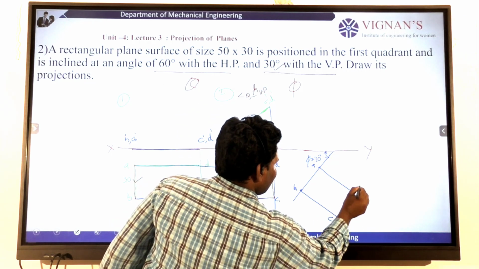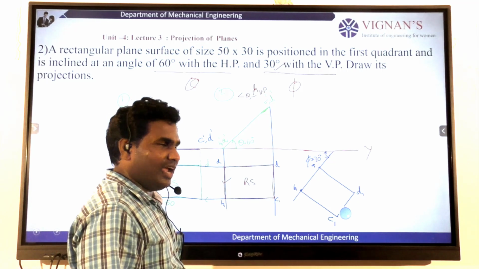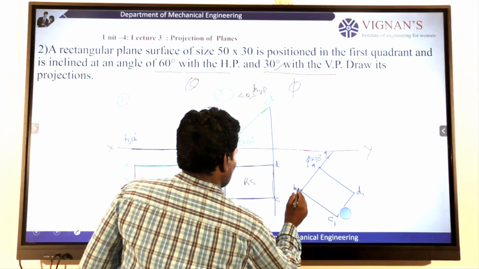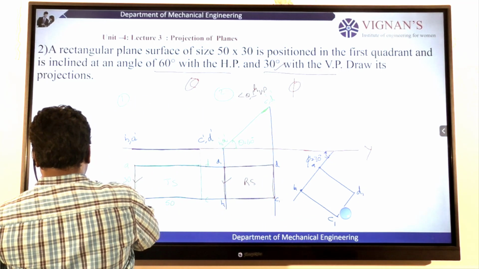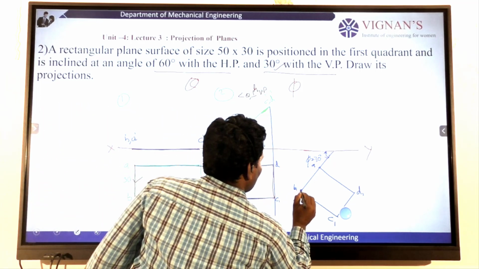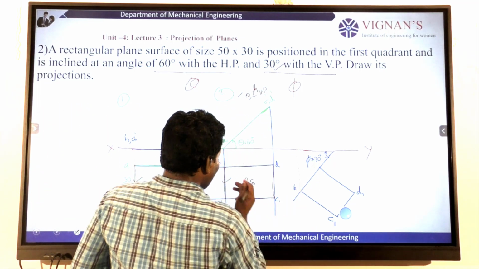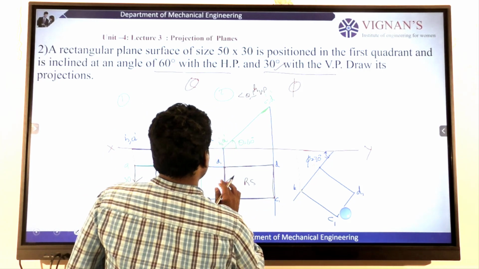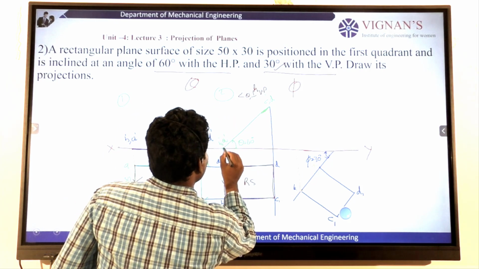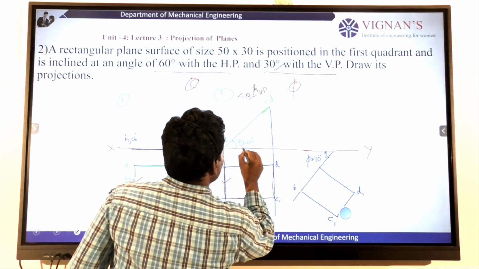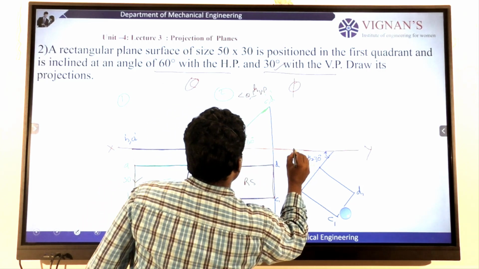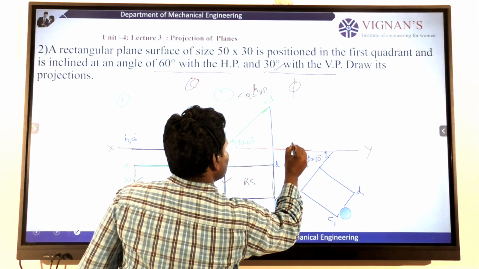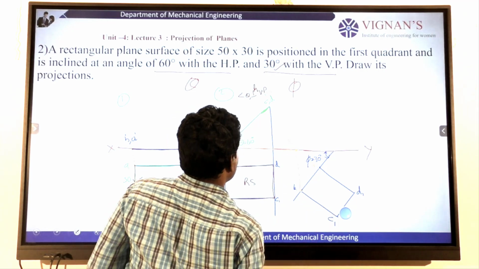C1 and D1. What do we have to do now? We have to draw projectors. This is B1; we have to keep B1 up to the projector coming from B1 dash. This is B1 dash.